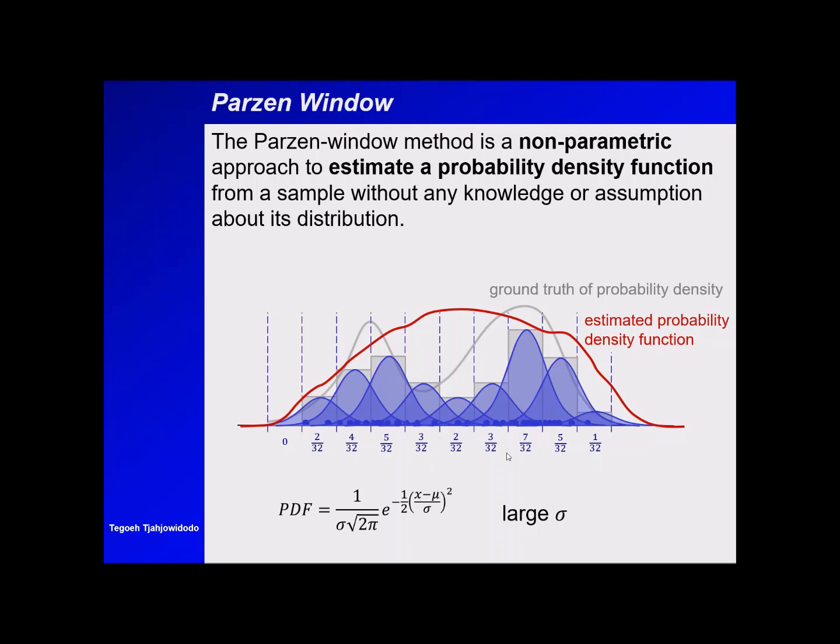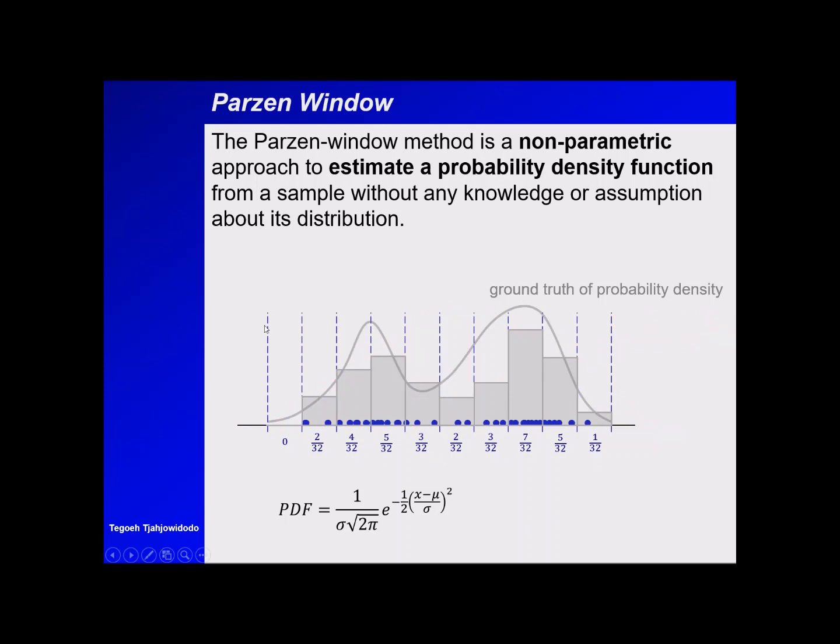So the question now, how to pick the right sigma? The answer is, I don't have an answer for that. You have to do some trial and error, check what will be the best sigma, what is the most reasonable sigma to choose. If I look at the data here, how the data is distributed, I have two areas here with a denser sample.